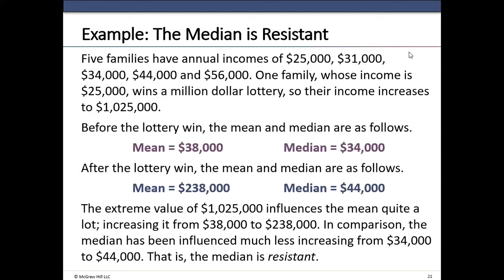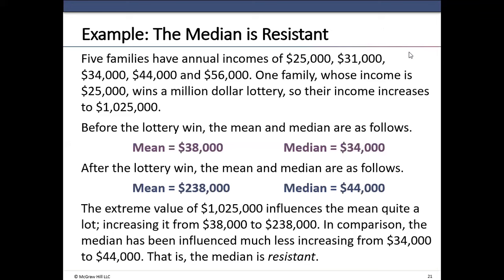So here is an example. 5 families have annual incomes of 25,000, 31,000, 34,000, 44,000, and 56,000. One family, whose income is 25,000, the lowest salary, wins a $1 million lottery.